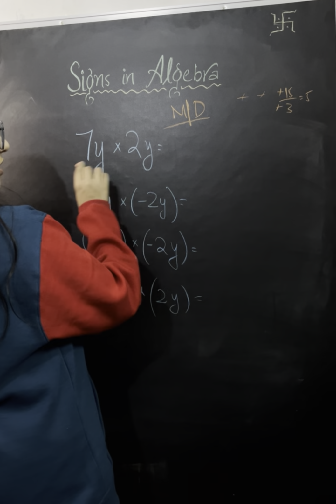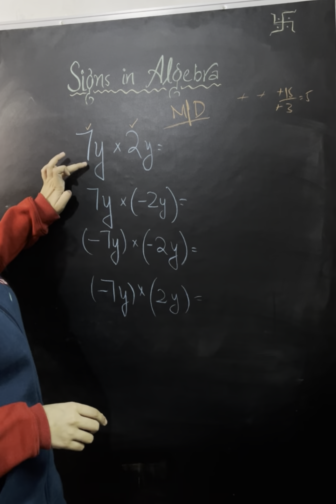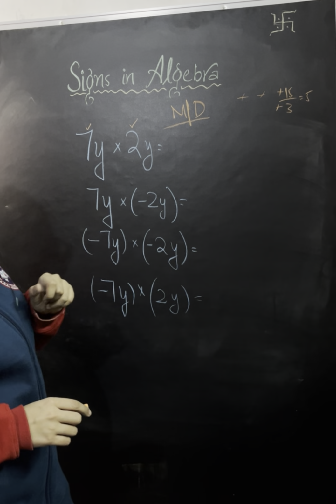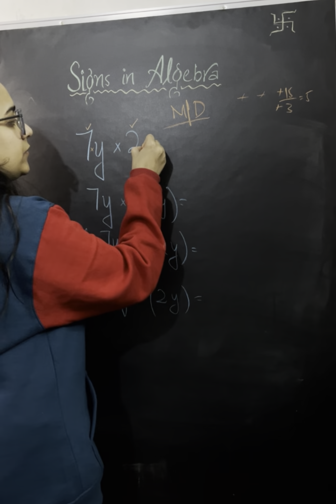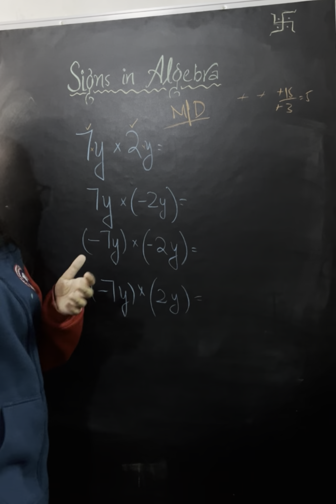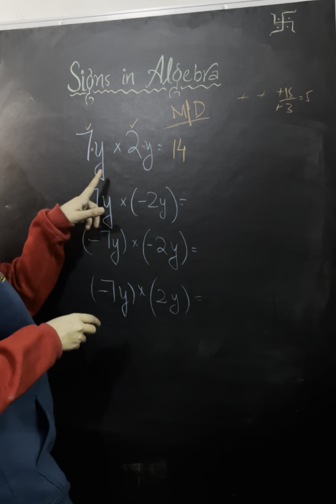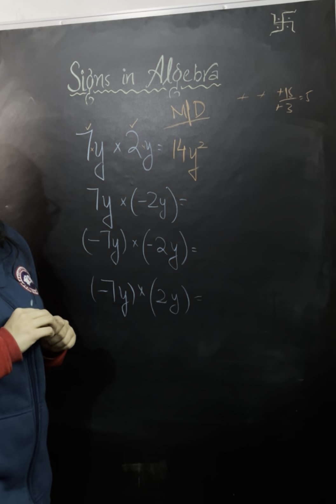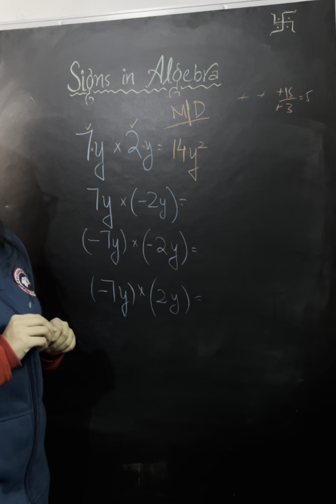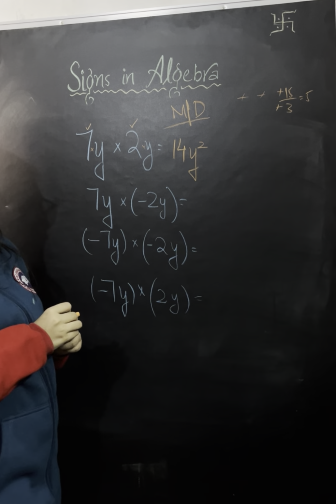Now, positive, no sign issue. This multiply this. Now, do you know that the coefficient is also getting multiplied with the variable in an expression, in a term? So they are actually getting multiplied as well. So everything is getting multiplied here. 7, 2, 14. y times y. y square. I hope that makes sense. 2 y's are there. So y power 2 because y and y are getting multiplied.